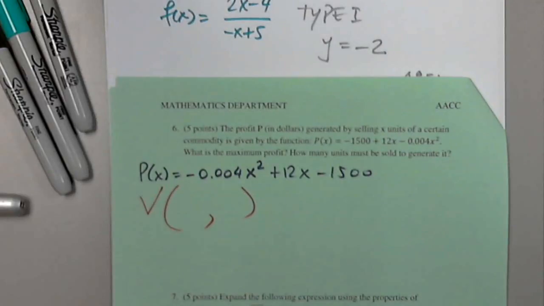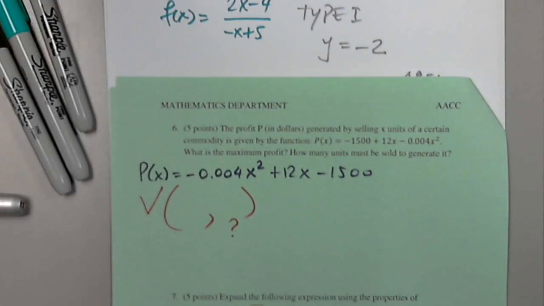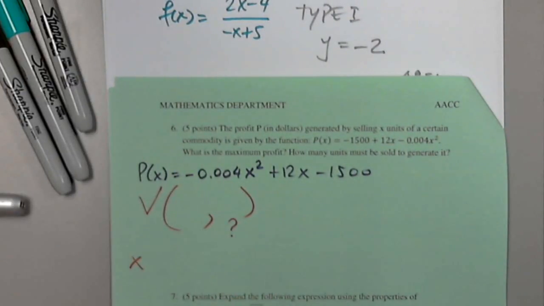Good. So now I'm asking myself, how do I find the coordinates of the vertex? Because I'm really interested in this. I want the maximum profit, but I can never determine the y value before I determine the x value, the x coordinate of the vertex. Good. So now my next question to myself is, okay, how do I find the x coordinate of the vertex?